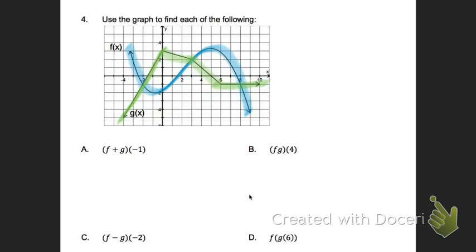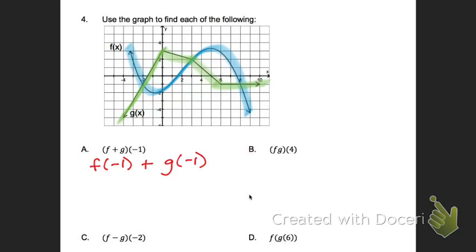Let's do the lighter one first. So for part A, we have, and we haven't seen this notation yet, F plus G of -1. All that means is F of -1 plus G of -1. It's just simplifying it for you.